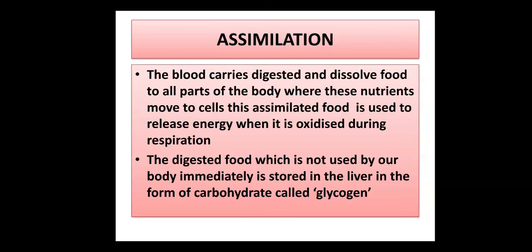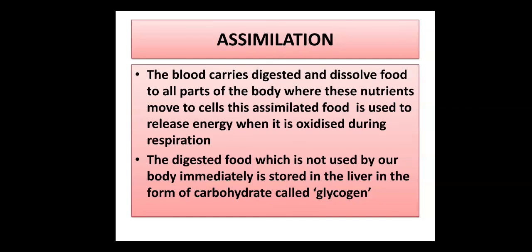If our blood has an excess of carbohydrate, the liver converts it into glycogen. If an excess of amino acid is there, it will convert it into uric acid. So the liver is detoxifying our nutrient and then sending it to our heart. That's why it is written here that the form of carbohydrate called glycogen, and this glycogen will be stored there in the liver.